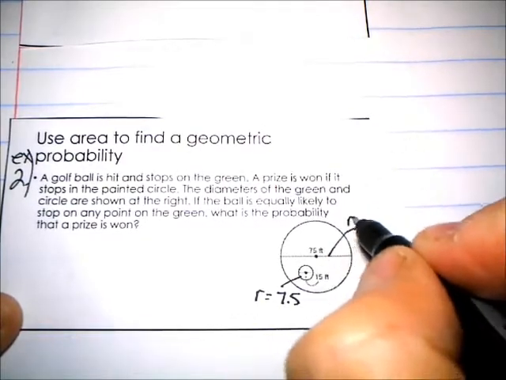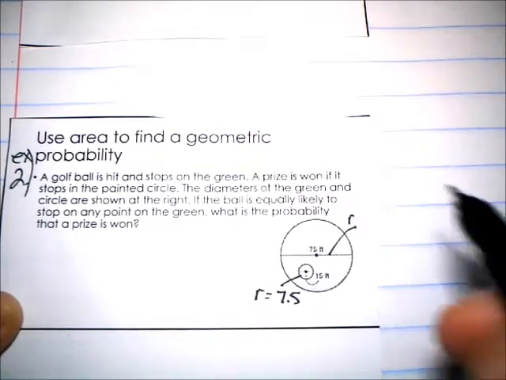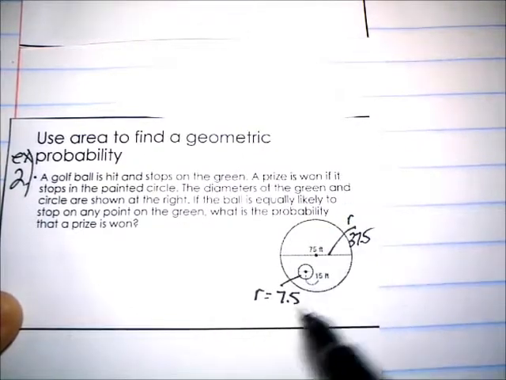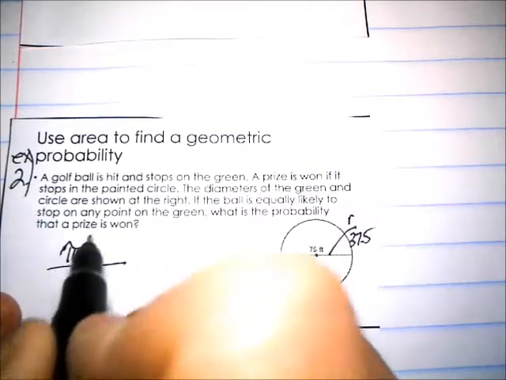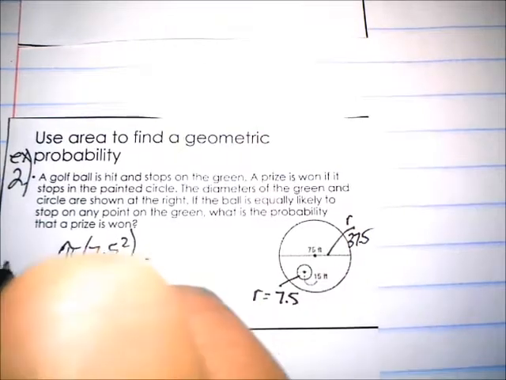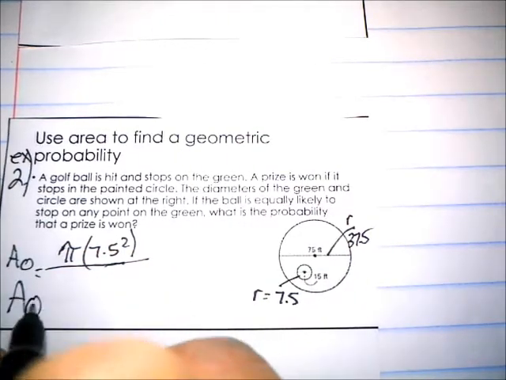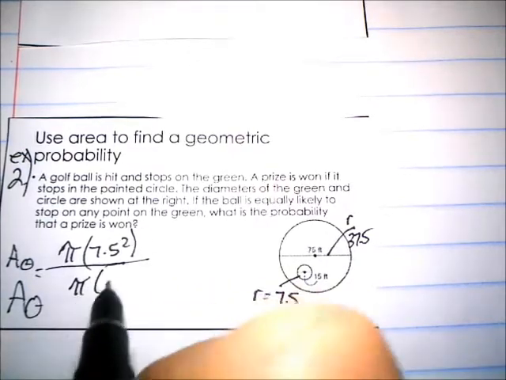So the smaller one will be pi times 7.5 squared. I'm going to put that on top for the area of the small circle. And then the area of the large circle will be pi, but this time 37.5 squared. Now I'm going to put this in my calculator and see what I can come up with.